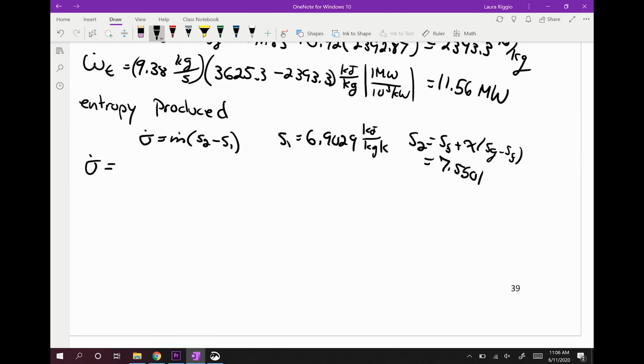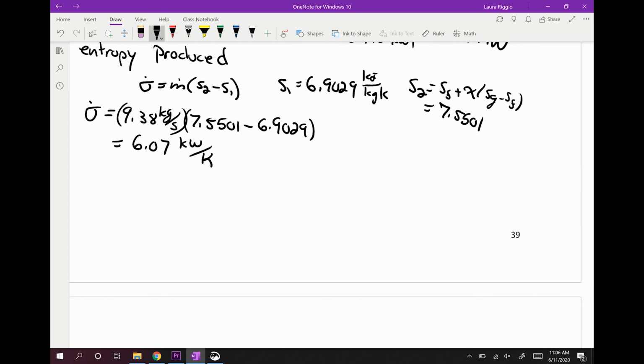So my entropy produced comes out to be 6.07 kilowatts per Kelvin.